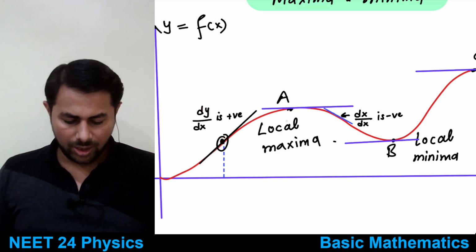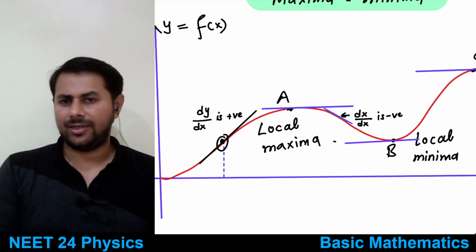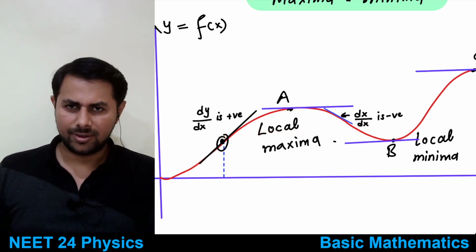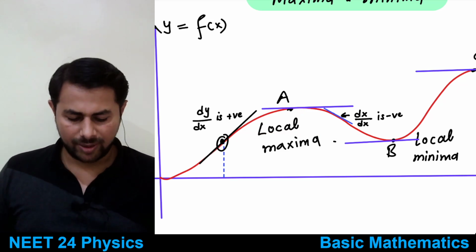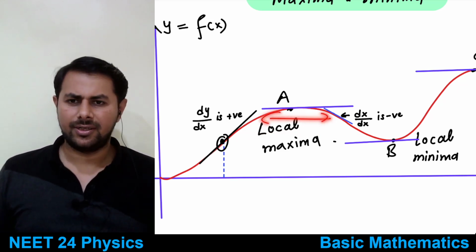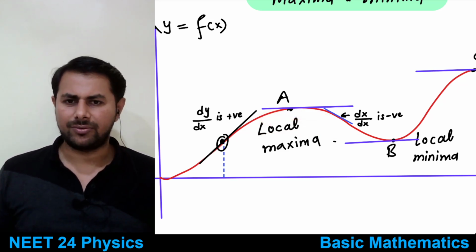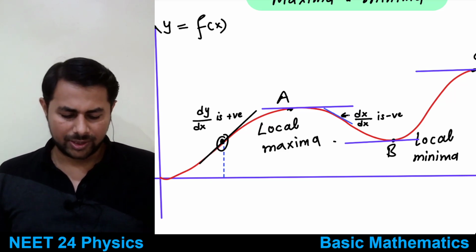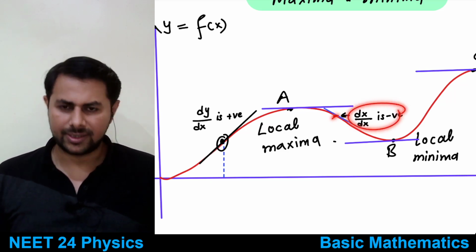So now if you find the change in dy by dx as you go from this point to this point, or as you cross the maxima, what will be the change in dy by dx? Will it be positive? Will it be negative? It will be negative, because here dy by dx is negative.